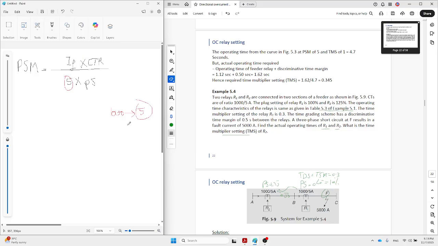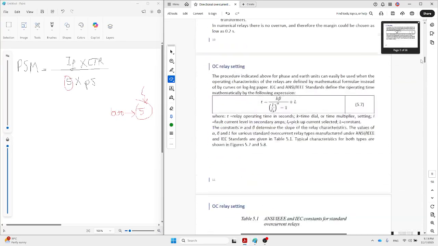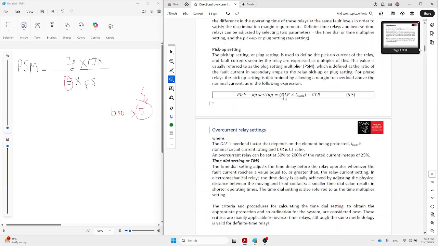It means we don't know the nominal load current at the normal condition of the power system, so we choose the maximum possible load. It comes from the first equation given in this chapter, equation 5.5. You can see the pickup setting is the overload factor, which is PS, times I nominal divided by CTR. So the CT ratio must be there.